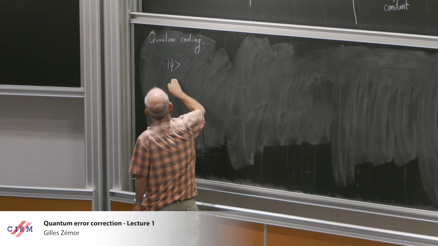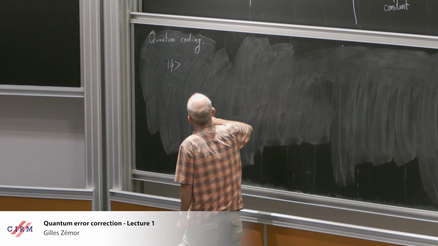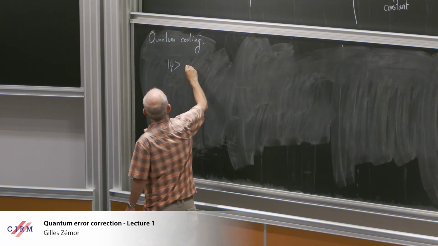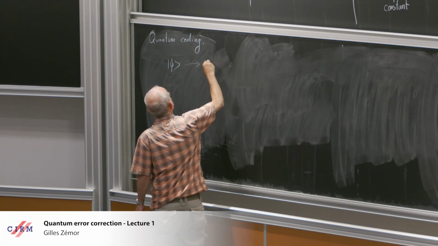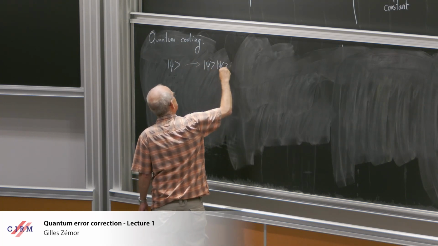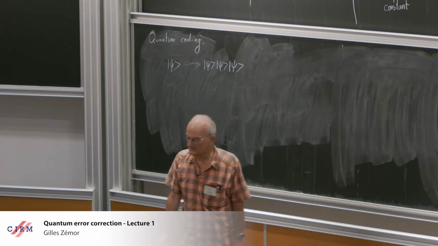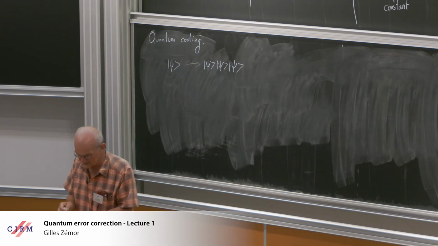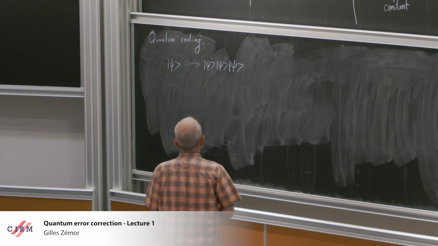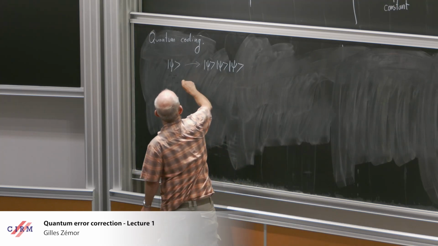If you think about it naively, you would perhaps want to start from some quantum state and somehow repeat it like in the classical setting, but that's not allowed in quantum theory.